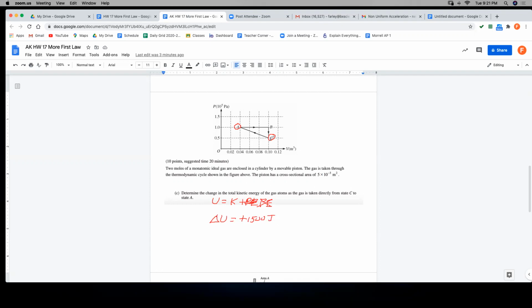So that means UC minus UA is 1,500. Well, then UA minus UC, final minus initial, going from C to A, is the opposite. So delta U from A to C was 1,500, which means delta U from C to A is just going to be minus 1,500.